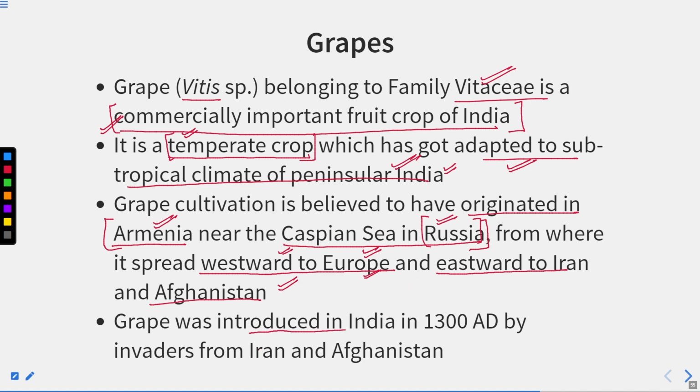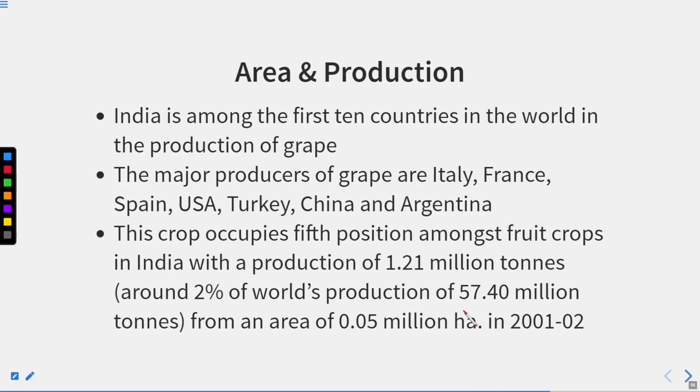It was introduced in India in 1300 AD by invaders from Iran and Afghanistan. When the invaders came to India, they brought this fruit with them. Like this, India got its grapes.